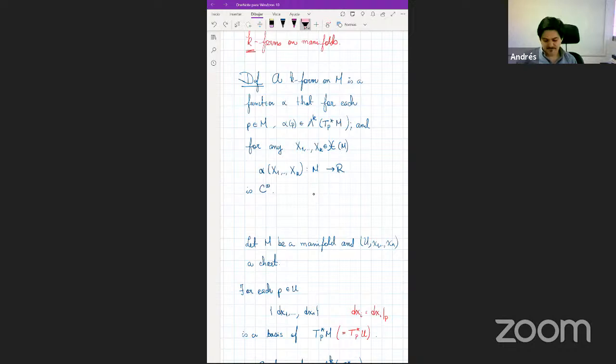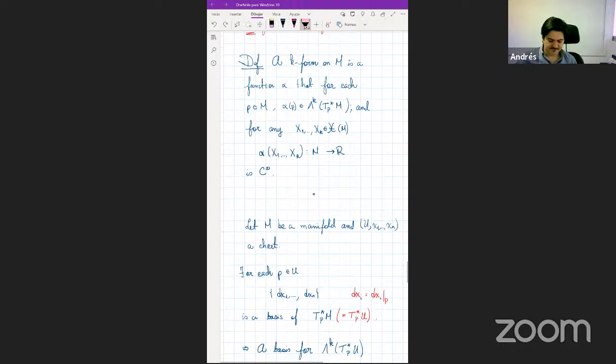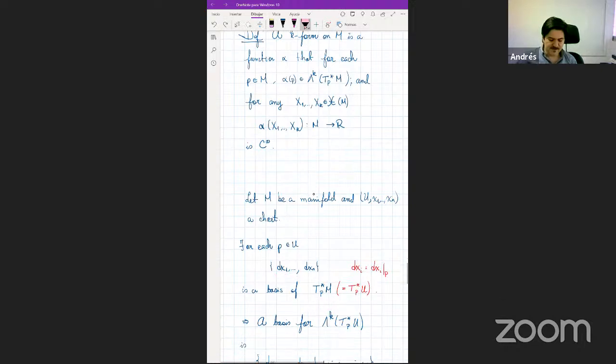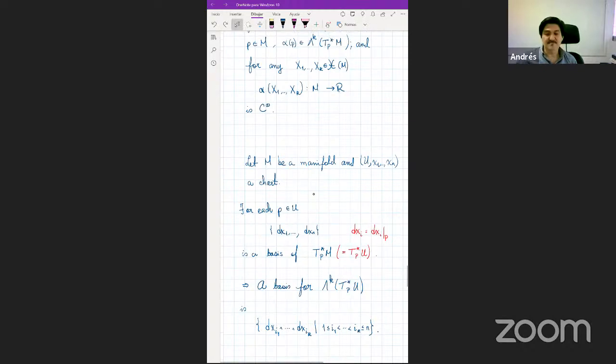Now, from what you know from chapter 1 or multivariable calculus, if I have a basis here, I get a basis for this vector space. And that is using the wedge product.